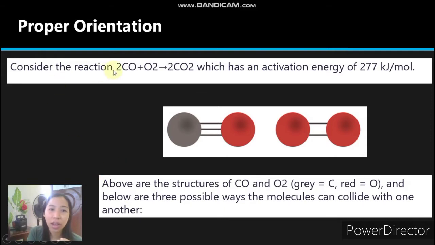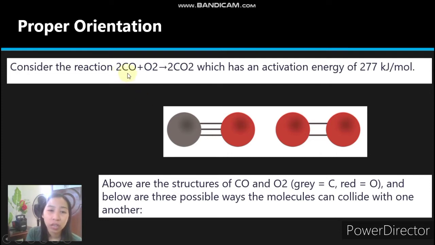Now, consider the reaction of two CO molecules or carbon monoxide molecules. The gray circle indicates your carbon atom and the red circle indicates your oxygen atom, no?